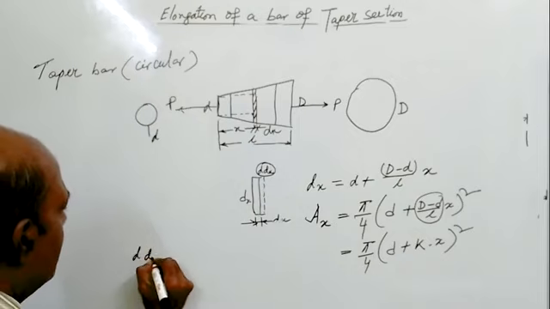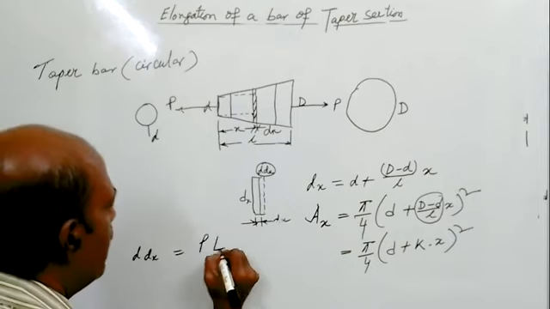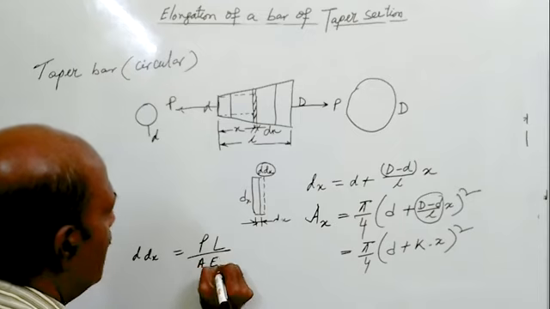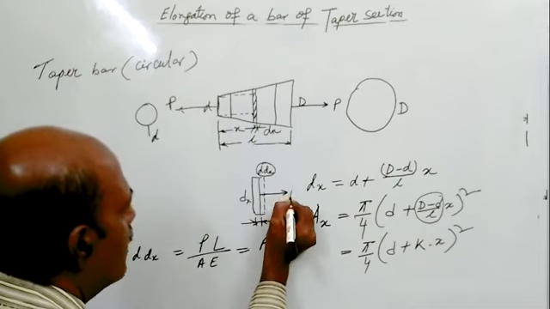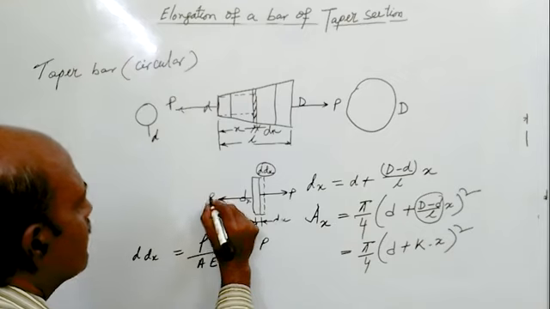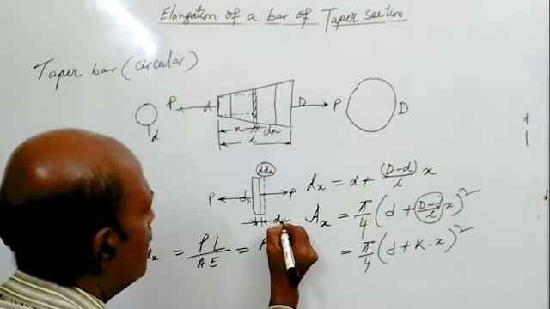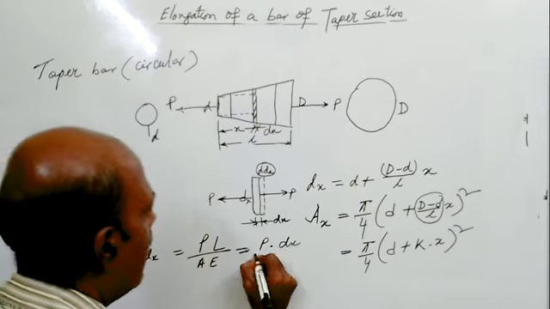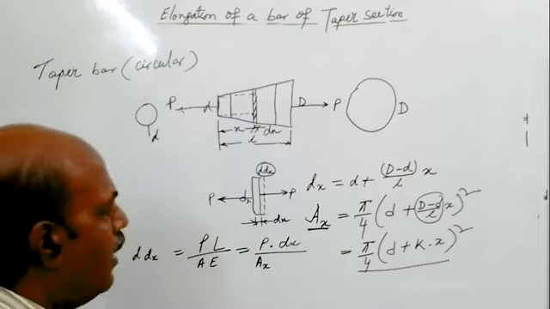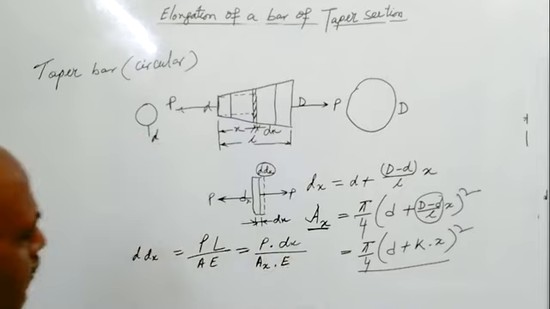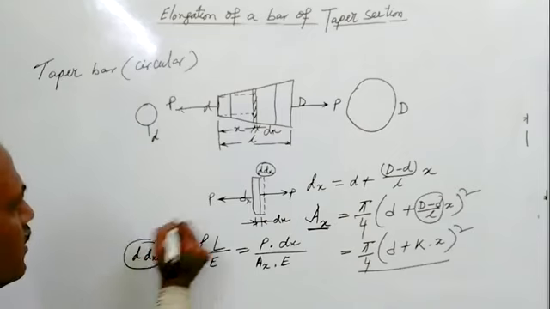We can write d delta x is given by the formula P into L by A into E. P is the load acting over the element, this element is also under load P. So P into L, where L here is dx, and the area is Ax, and the Young's modulus of the material of the bar is E. So this is the deformation produced in this elemental bar.